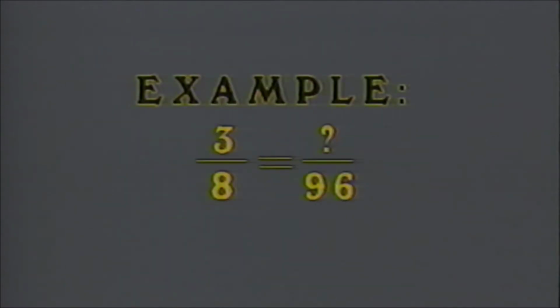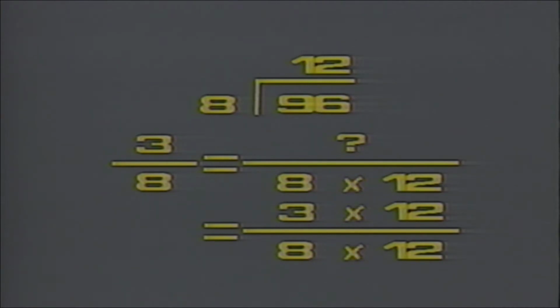Let's do another one. Change 3/8 into a fraction with a denominator 96. What times 8 equals 96? Simply divide 96 by 8 to find out. 96 divided by 8 is 12.